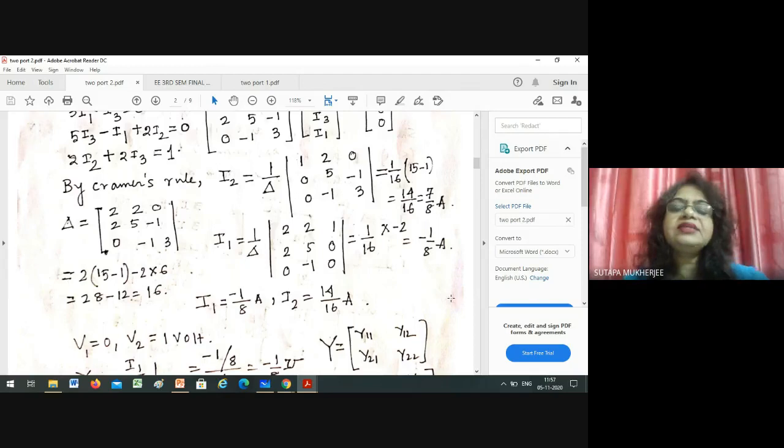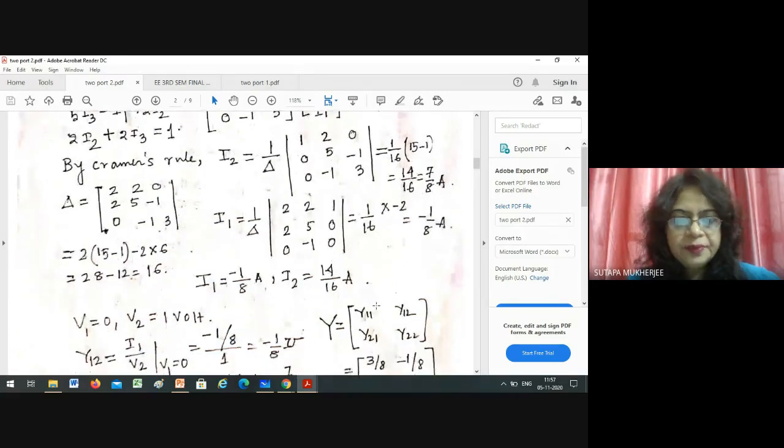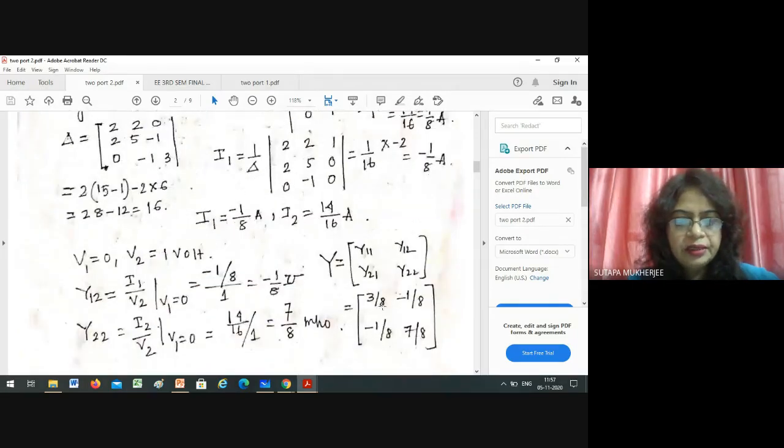So ultimately you are able to get the values of I1 and I2. Now what was my purpose? To determine y12 and y22, provided v1 equal to 0. So what is y12? I1 by v2, right?